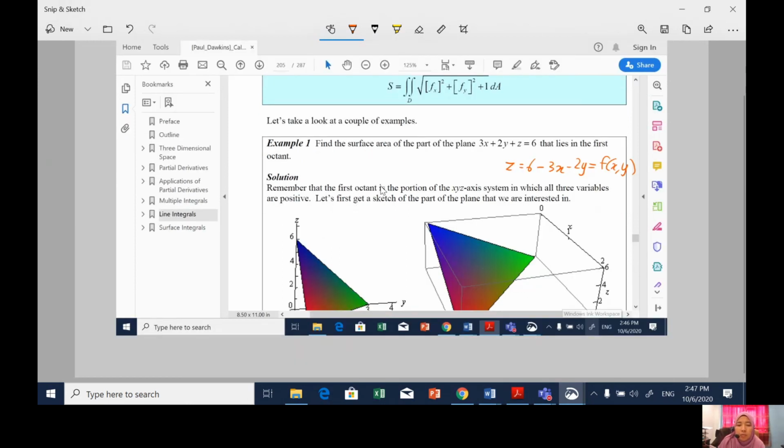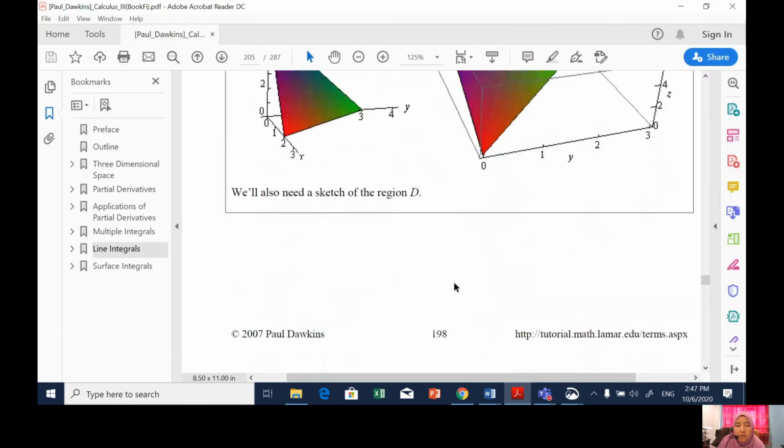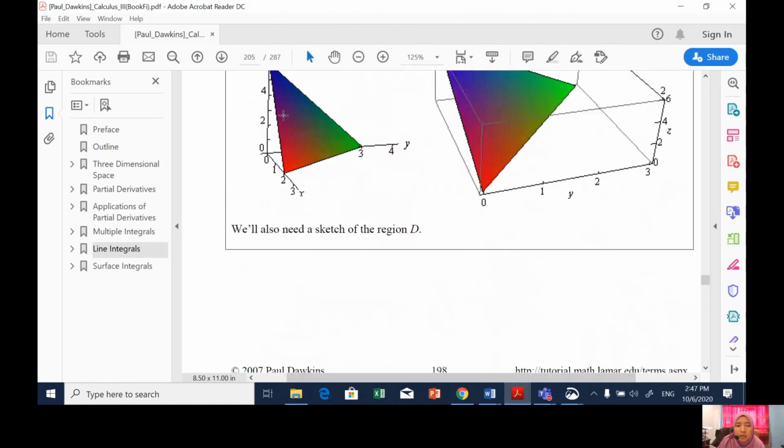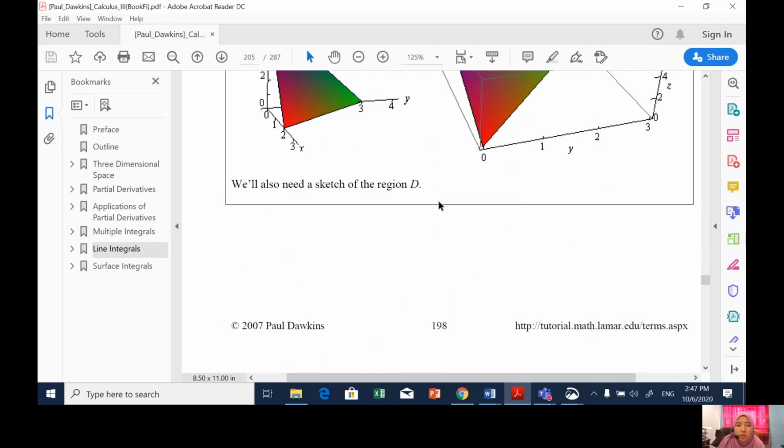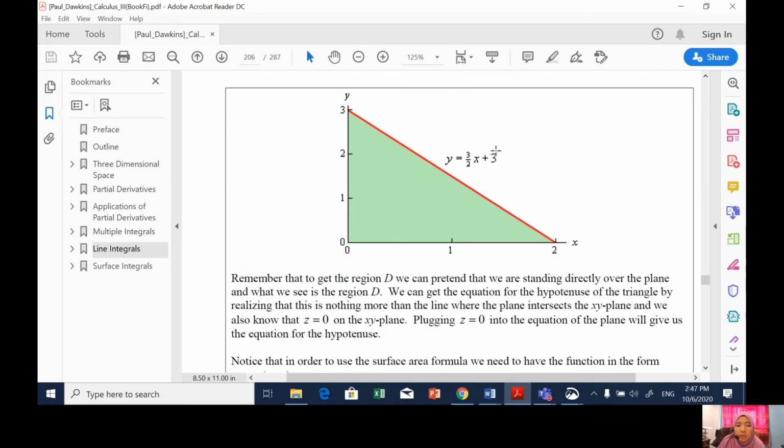Next, before we find the double integral, we are supposed to look at the xy plane and find out the limits. On the xy plane, we have the straight line equation between 3 and 2. When we figure it out in two dimensions, we have this kind of region.